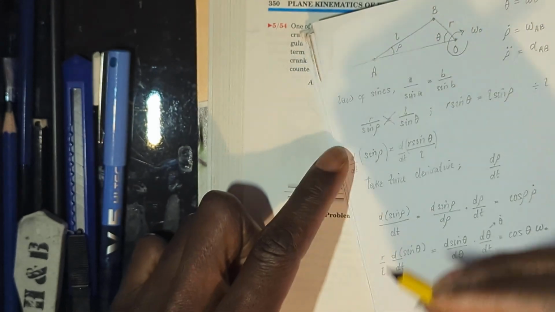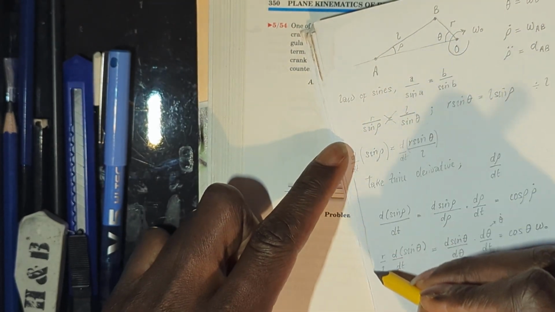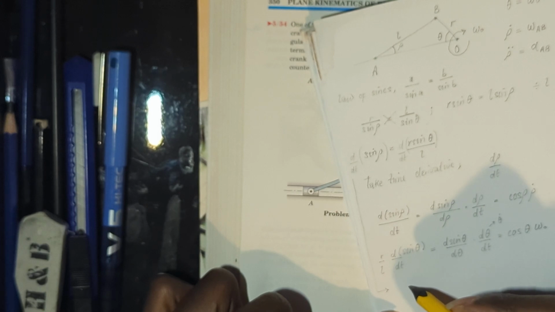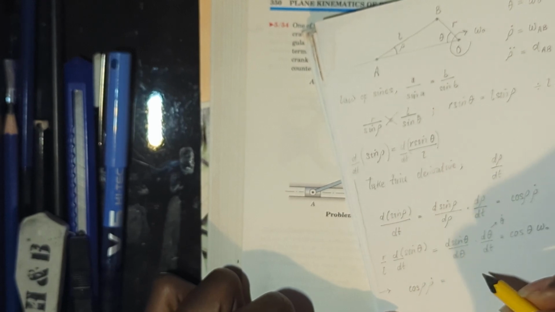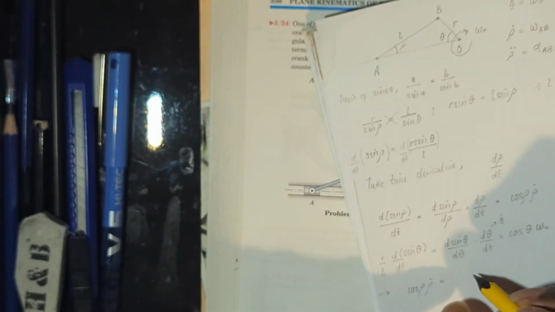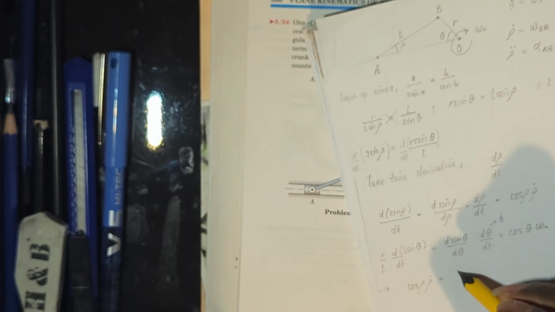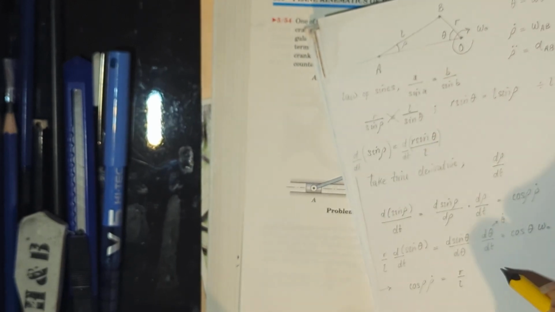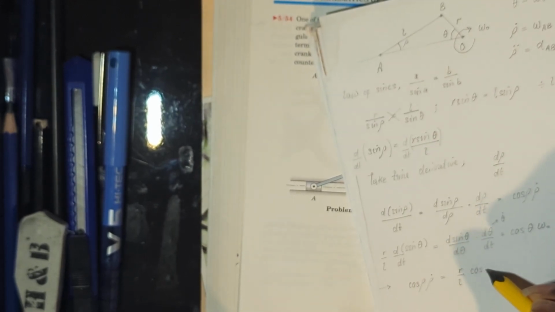Okay, now that means this line tells us that when we took the derivatives of both sides, cos rho times rho dot equals R over L, don't forget the R over L I didn't write here, cos theta omega naught.